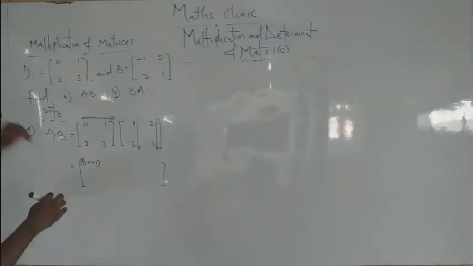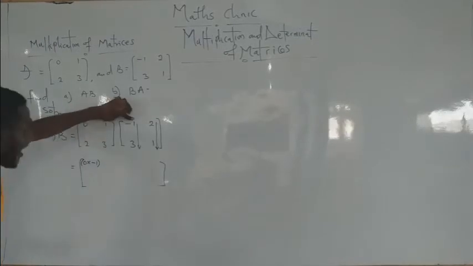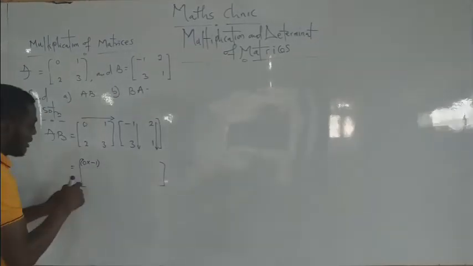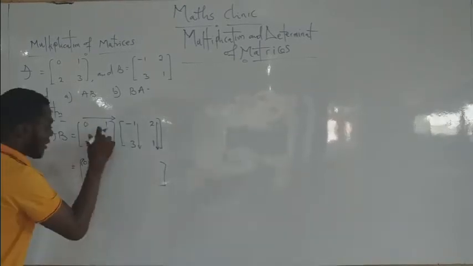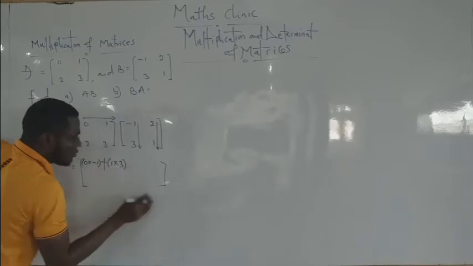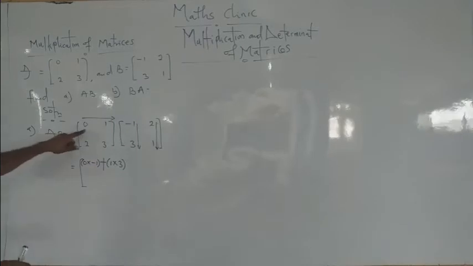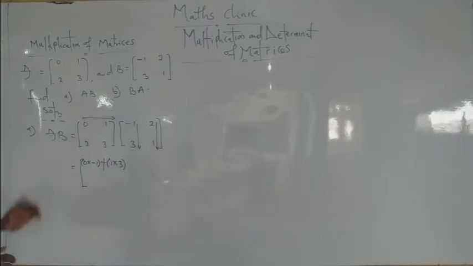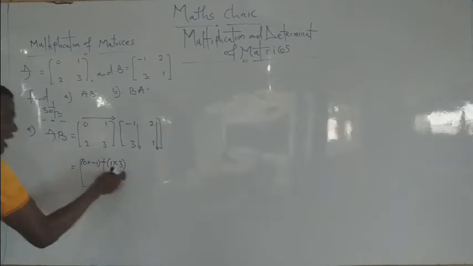Then plus, what do you have here? 1 times 3. So 0 times minus 1 plus 1 times 3. Comma. If you like, you can remove the comma.